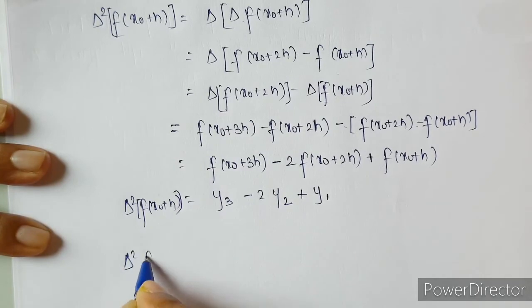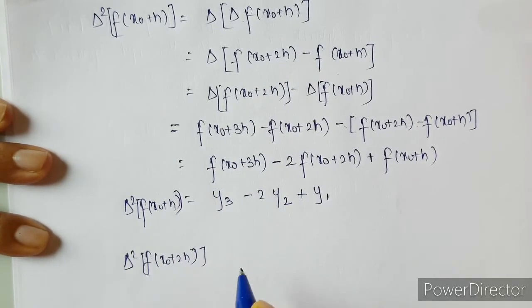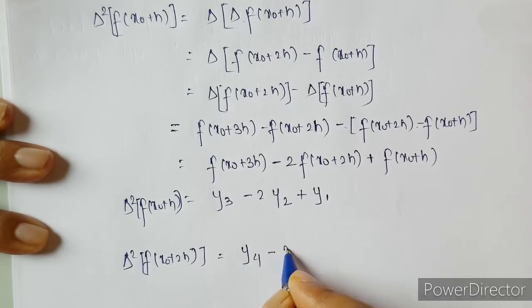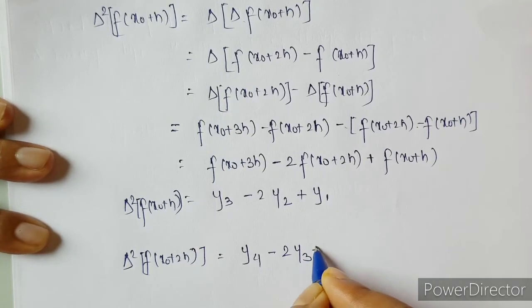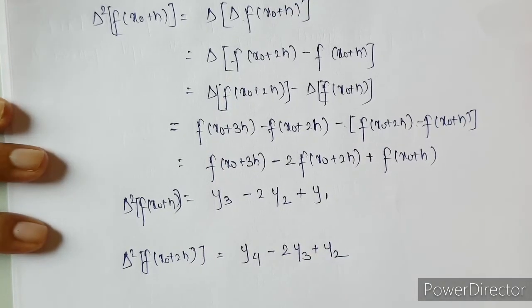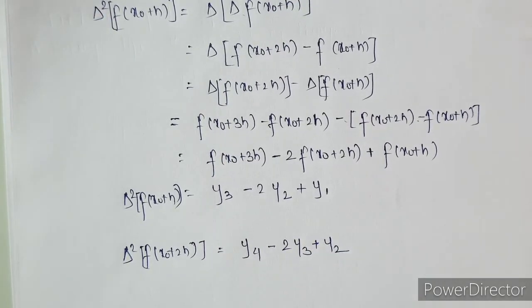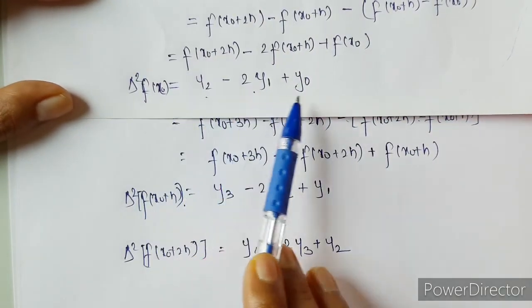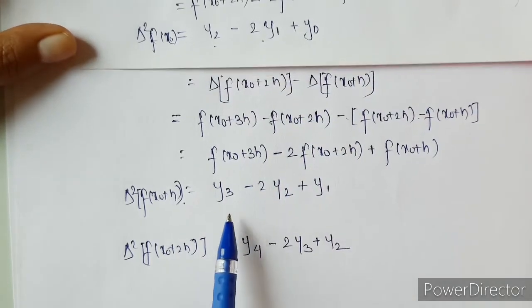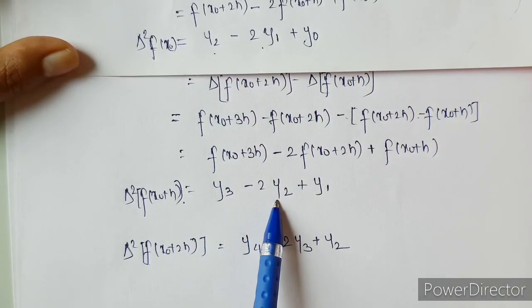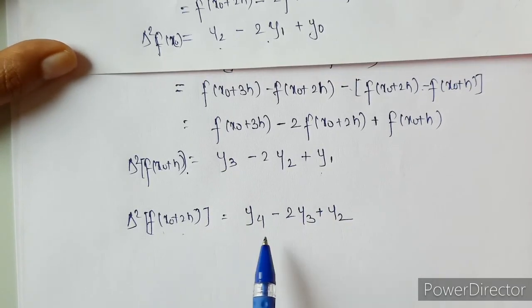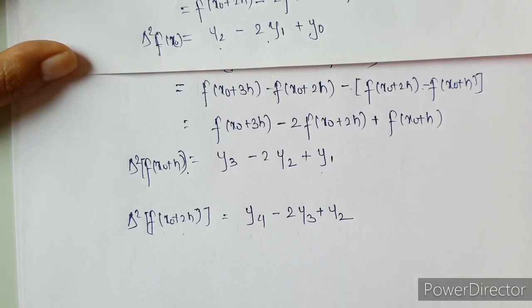Similarly, difference of f of x naught plus 2h can be written as y4 minus 2 times y3 plus y2. So first difference of f of x naught is y2 minus 2 times y1 plus y0, this is y3 minus 2 times y2 plus y1, and difference of f of x naught plus 2h is y4 minus 2 times y3 plus y2.